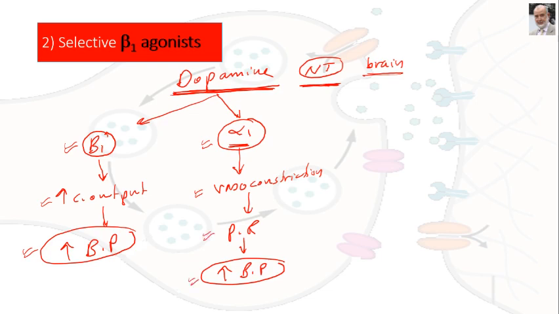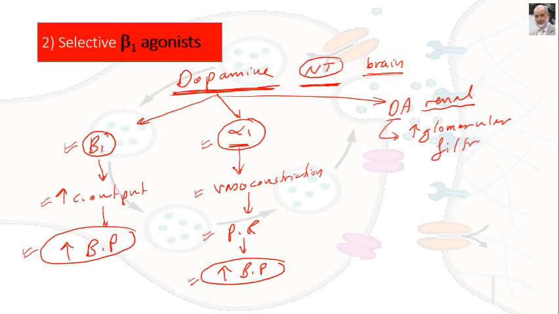There is a third action of dopamine where it will act on dopamine receptors which are present in the kidney and renal tubules, where stimulation of these dopamine receptors will increase glomerular filtration, which is usually compromised when there is a decrease in blood pressure.